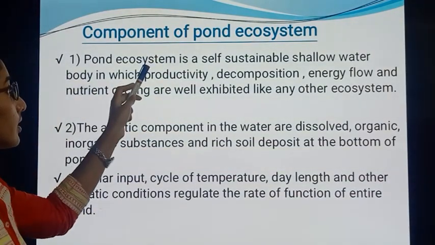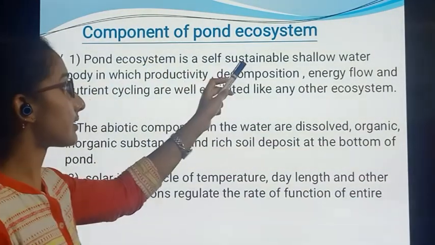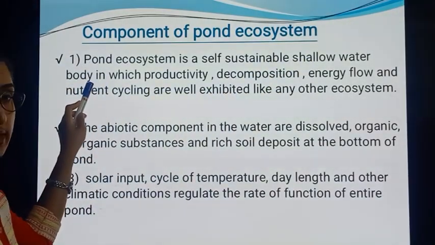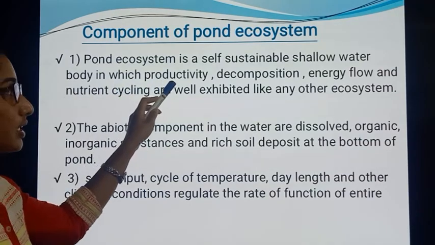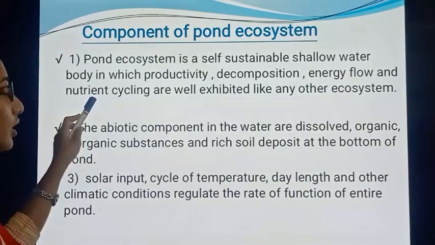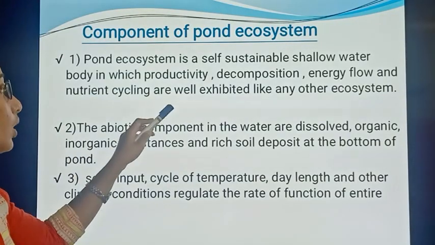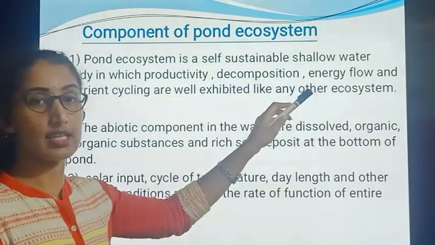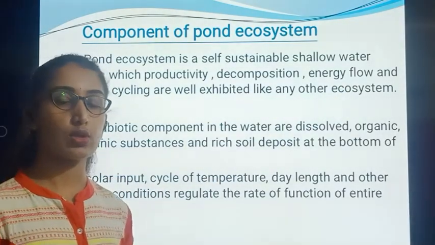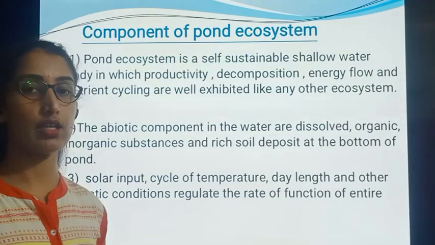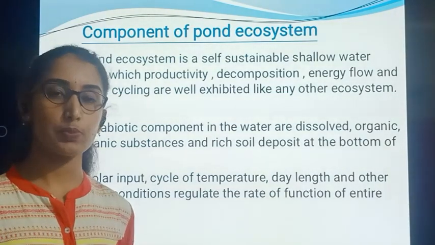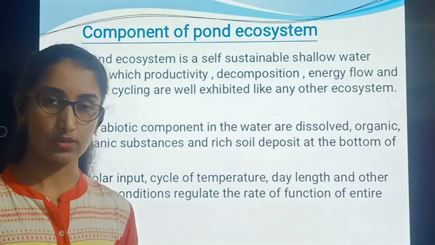Pond ecosystem is a sustainable shallow water body in which productivity, decomposition, energy flow and also the nutrient cycling are well exhibited like in any other ecosystem. Not only in pond ecosystem, the recycling or decomposition or flow of energy will take place in all types of ecosystems.